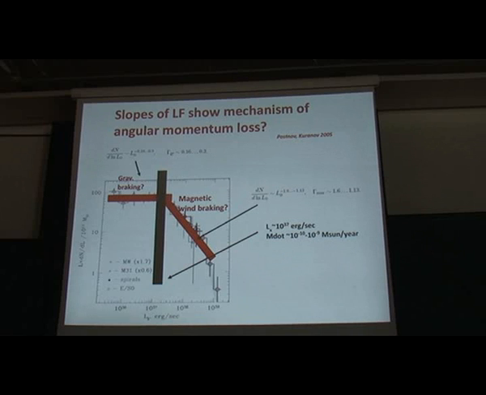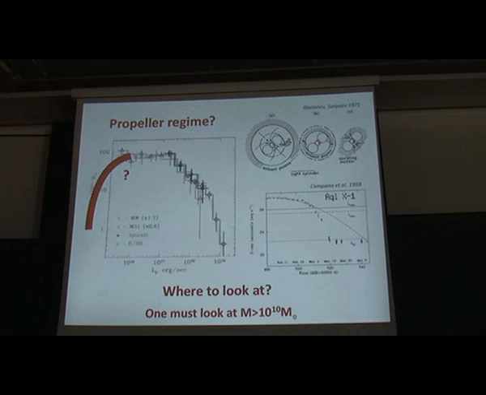It means that the currently observed luminosity function, which depends on the mass of the optical star, depends on what mechanism drives your accretion. And it was shown in this paper that if you have luminosities higher than some value, approximately 10 to the 37 ergs per second, magnetic wind braking gives you approximately this slope, and gravitational wave braking gives you this slope. And this prediction can be checked with presently available data.